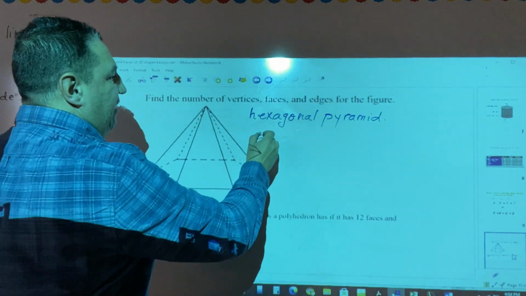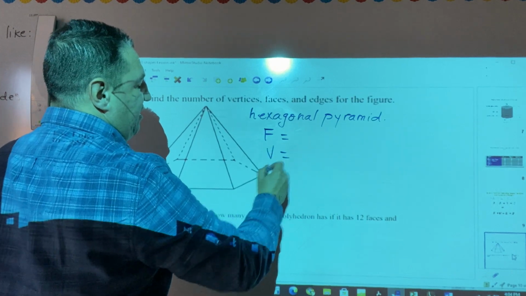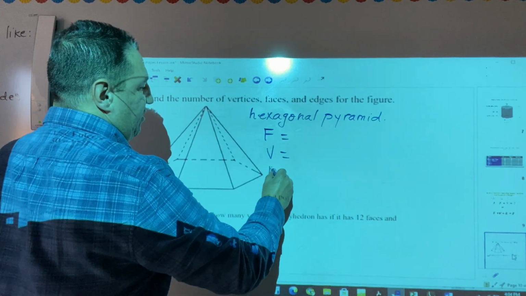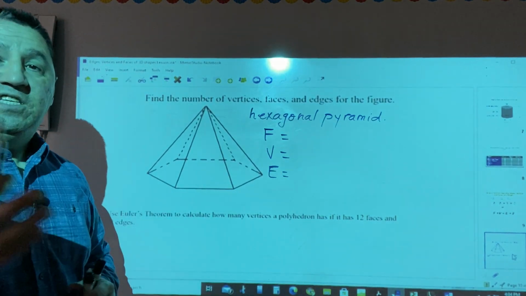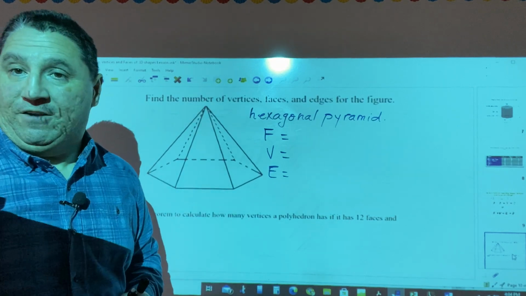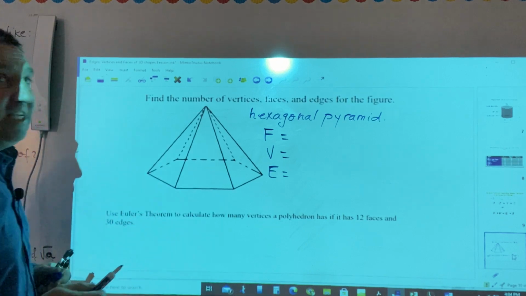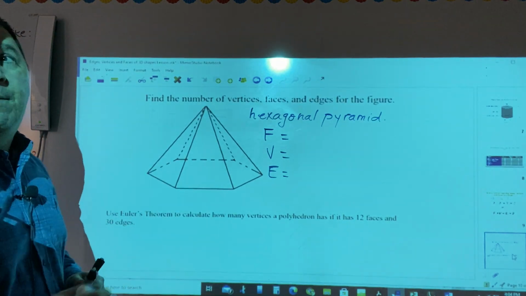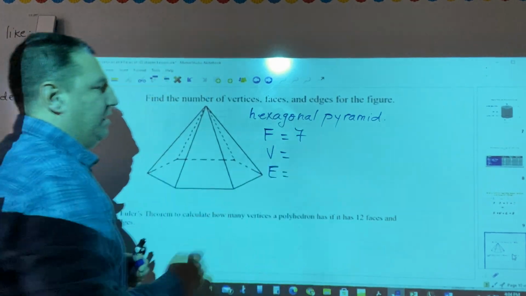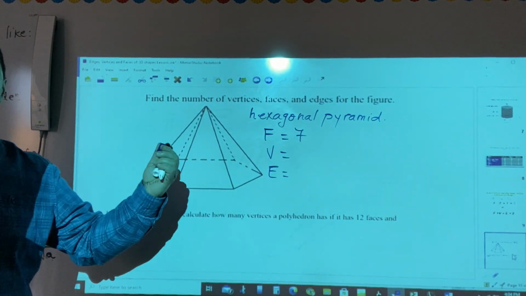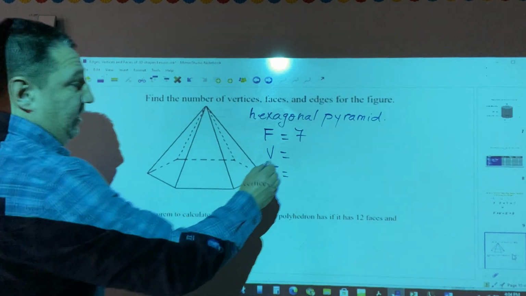Now, let's find the number of faces, the number of vertices, and the number of edges. Faces are all flat surfaces, and as we can see, we have 7 faces. V, which is the number of vertices, also is 7.